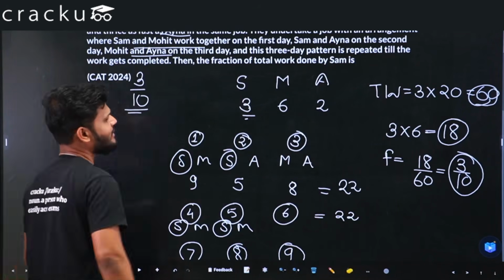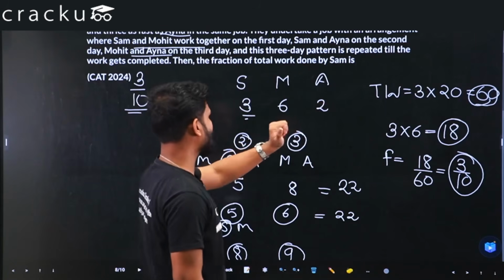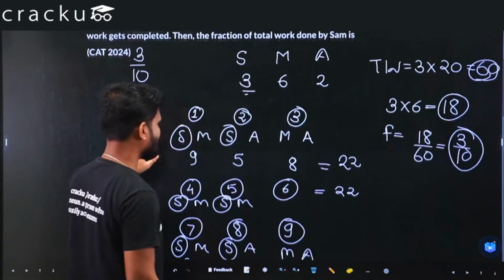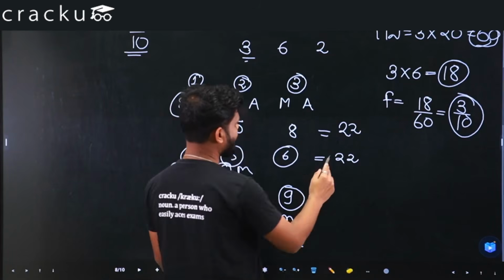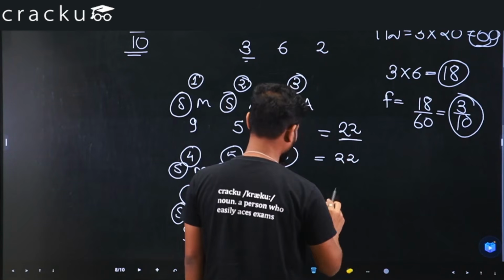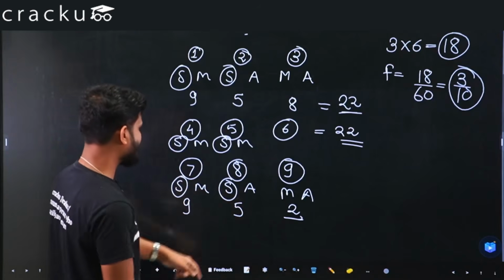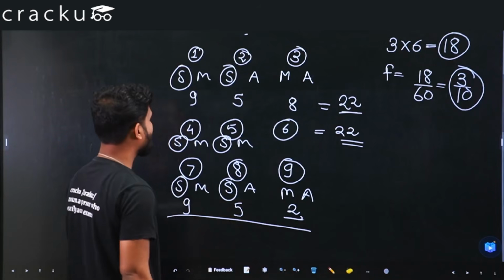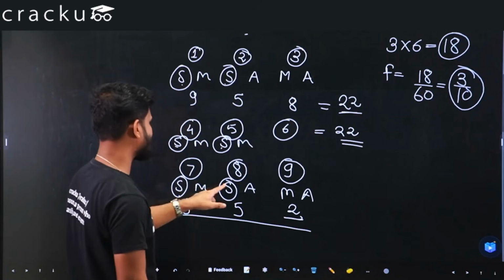How did we solve it? We assumed that Mohit is 6 units per day, then A became 2 units per day, S became 3 units per day. Then we wrote down the cycle, how the work is happening. In a 3-day cycle, 22 units are done. Then another 3-day cycle, another 22 units. And in the remaining days, this pattern was followed. And Sam worked for 1, 2, 3, 4, 5 and 6 days completely.